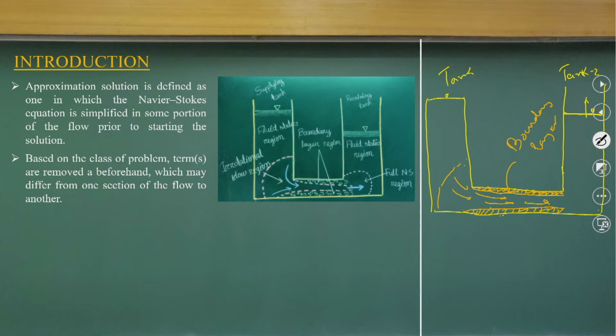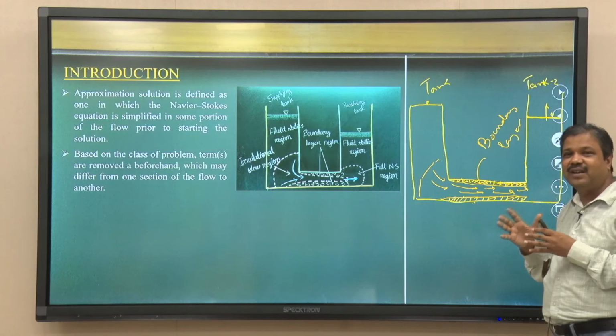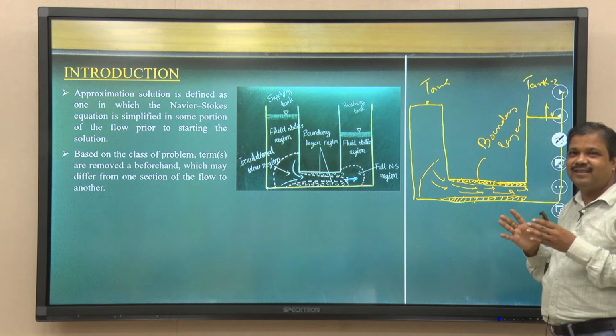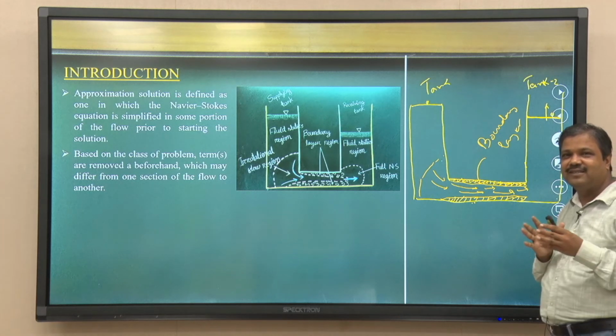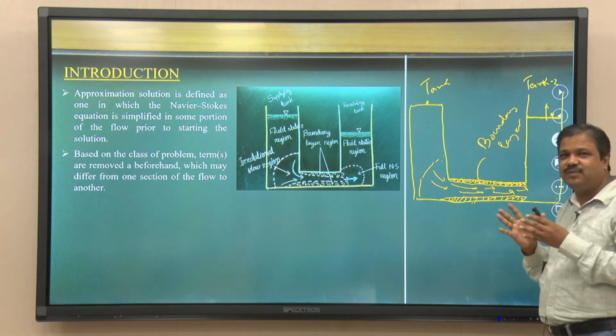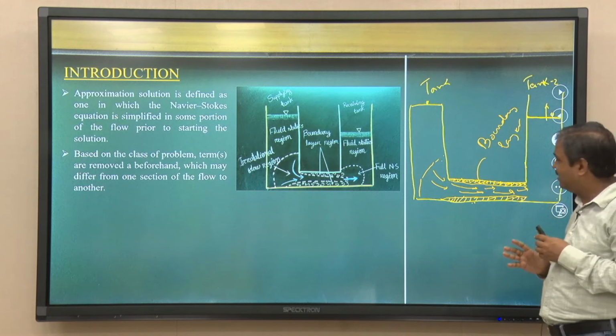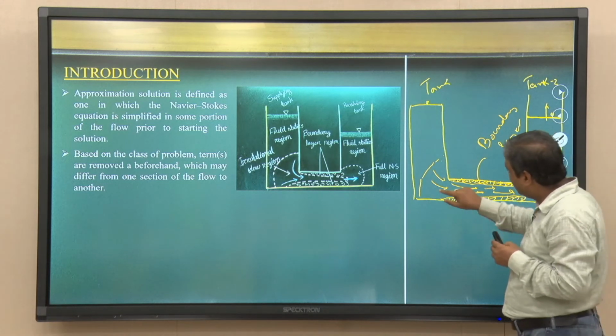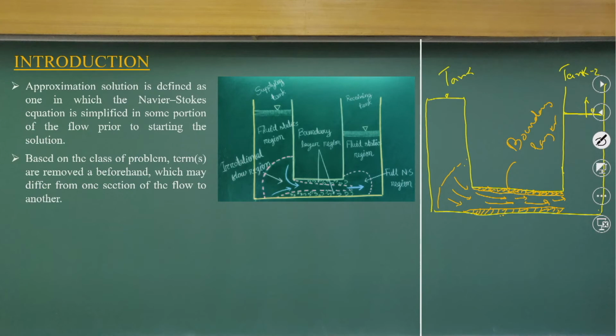In fluid mechanics you have to understand how the flow happens at different scales. It is not simple mathematics, so conceptual visualization is required. That means the flow in these regions will not have any rotation. In these regions the flow will be irrotational.